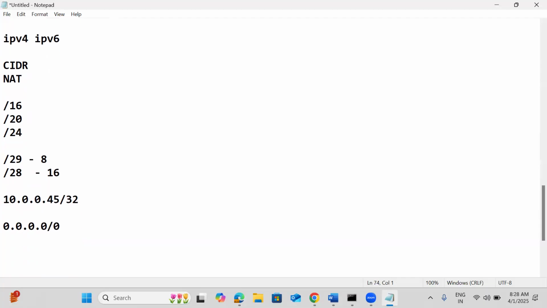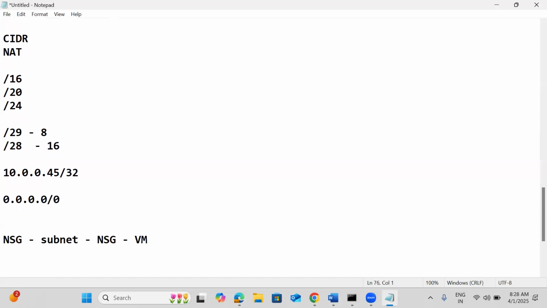Then here we are getting an NSG also. NSG is nothing but network security group. One NSG is at the subnet level, and then we can create one NSG at the VM level.